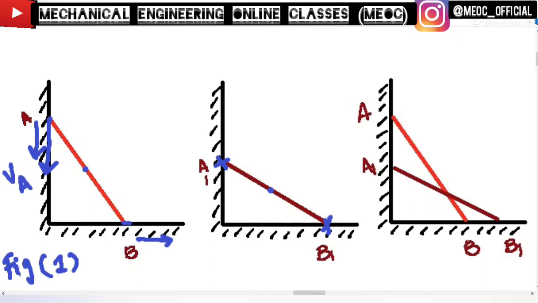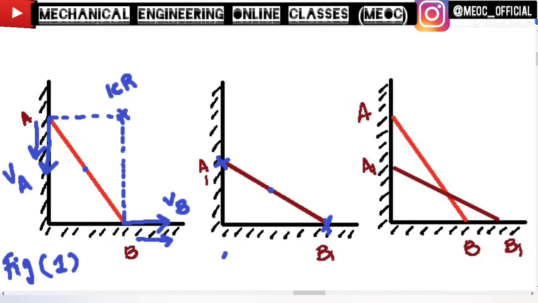At point B, the velocity is rightward, so let that velocity be VB. The velocity directions are shown here, and if we draw perpendiculars to these velocity vectors, the point of intersection of these two perpendiculars will be the ICR at this instant.